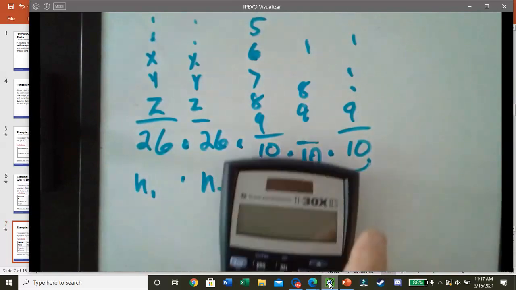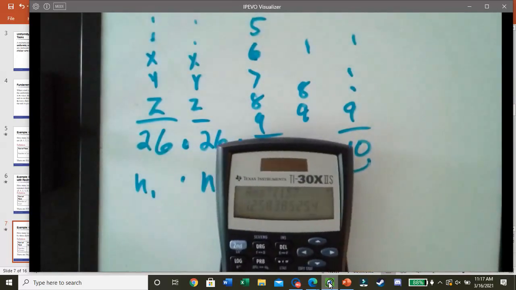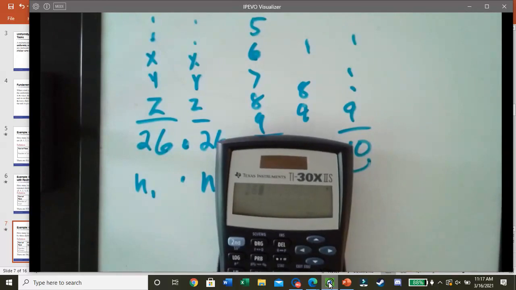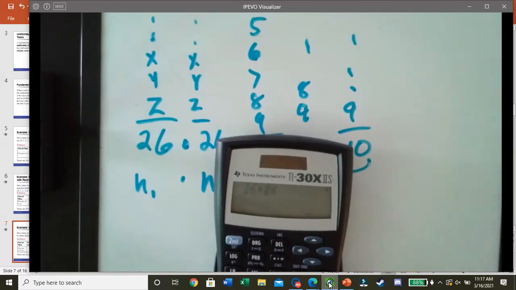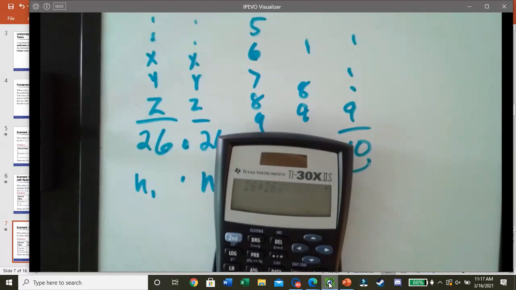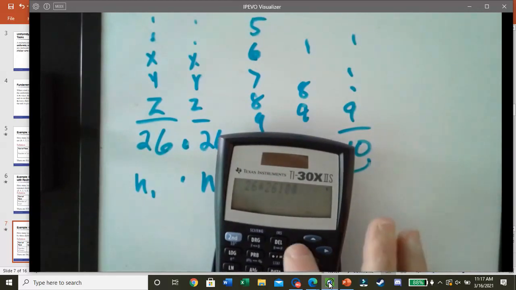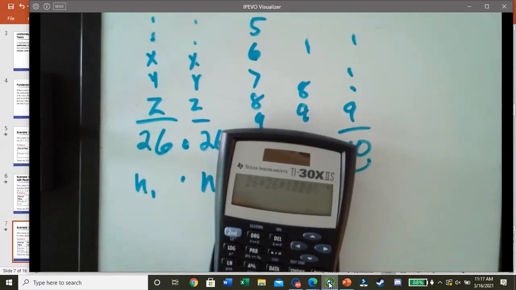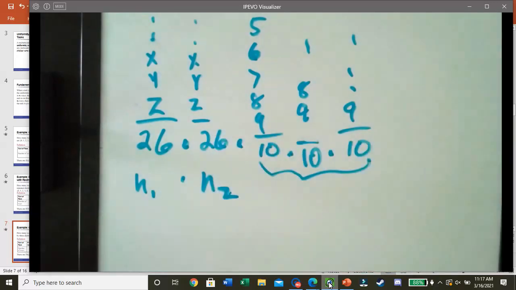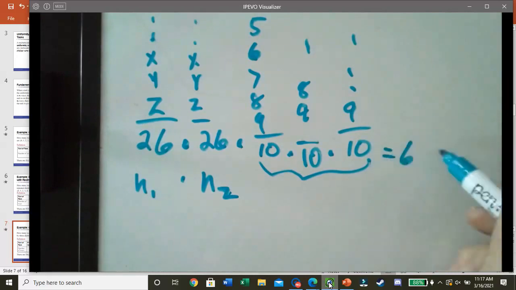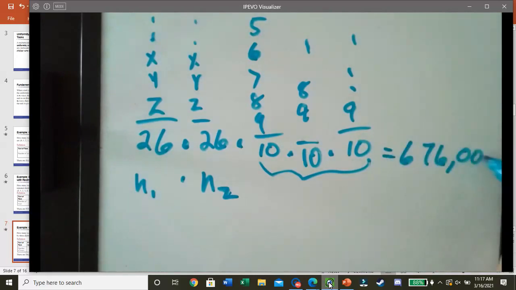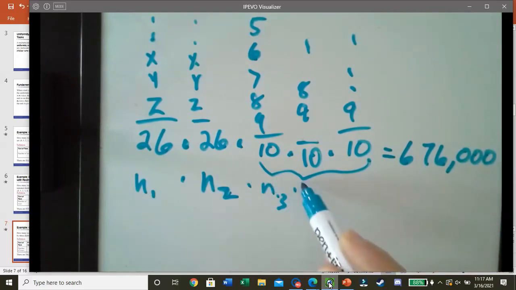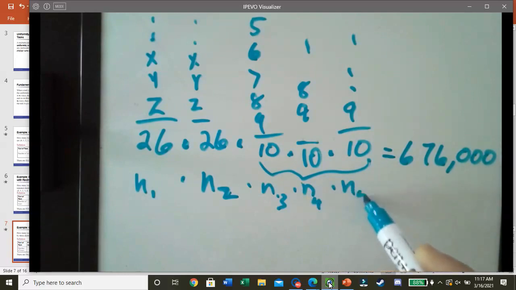So if you go on your calculator and put in 26 times 26, and you could do times 10 times 10 times 10, or you could put in 1,000 times 676, you get 676,000. So this is N1 times N2 times N3 times N4 times N5.